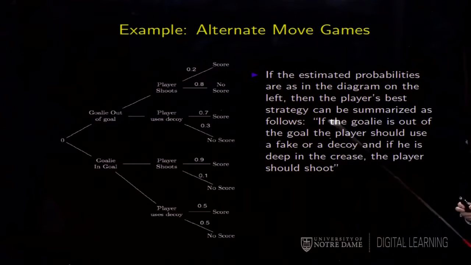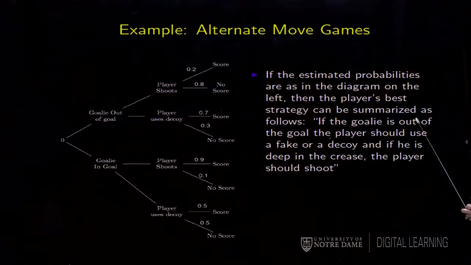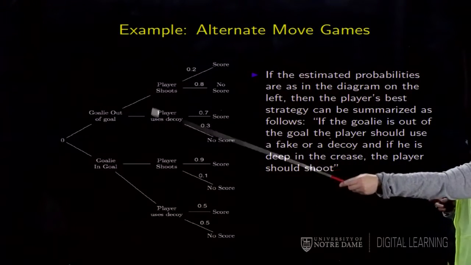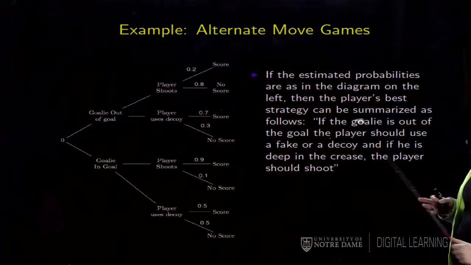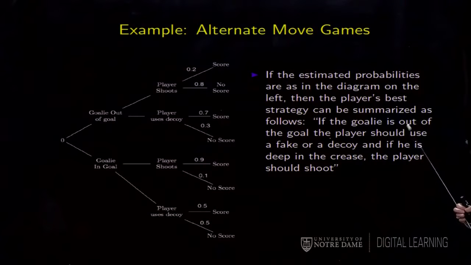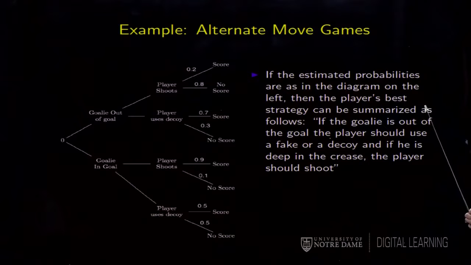Okay, if the estimated probabilities are as on this tree diagram, and notice these are decisions that the players make, so there isn't a probability associated with these branches in the diagram. These are just labeling what decisions the players have made.